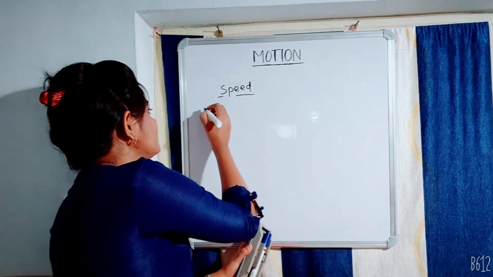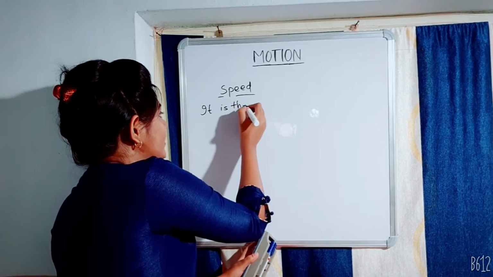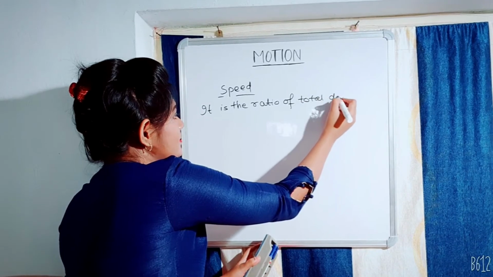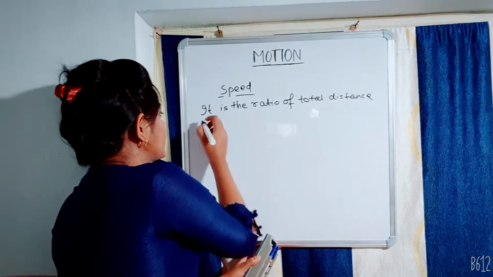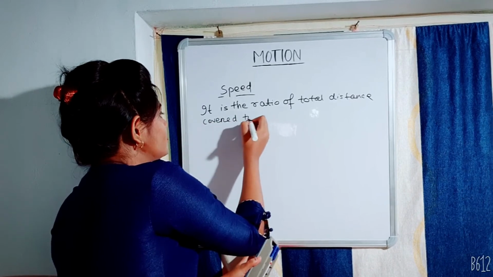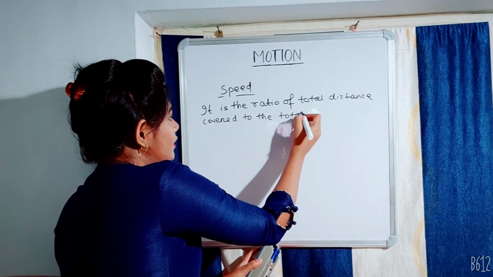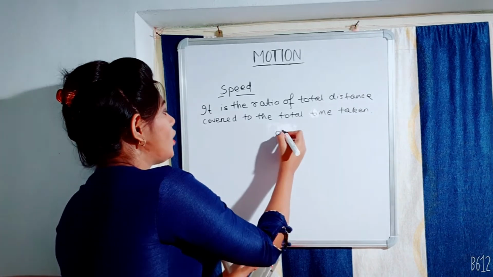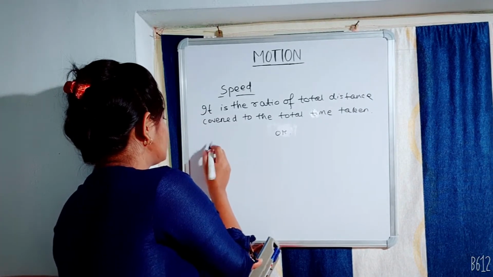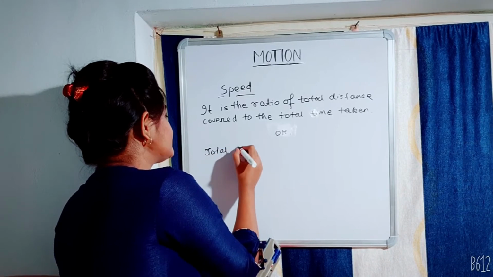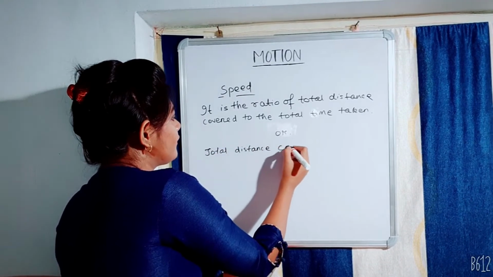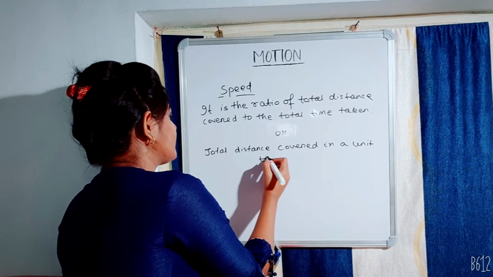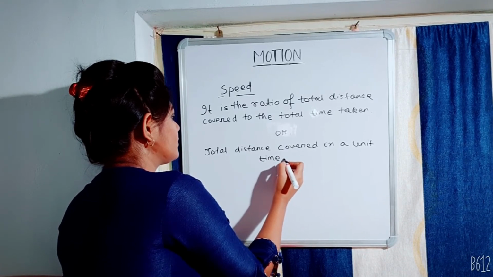So what is speed? We will write here, it is the ratio of total distance covered to the total time taken, or total distance covered in a unit time.